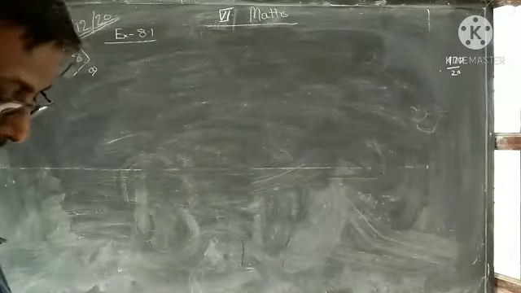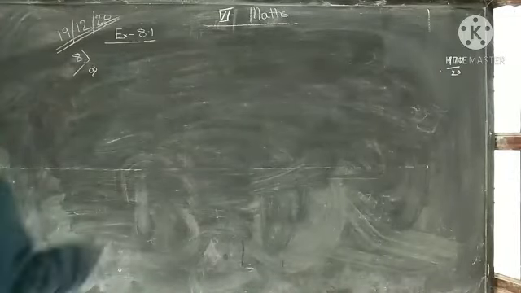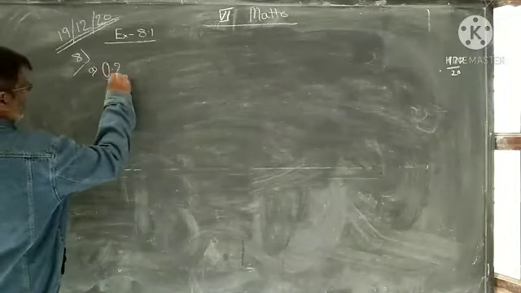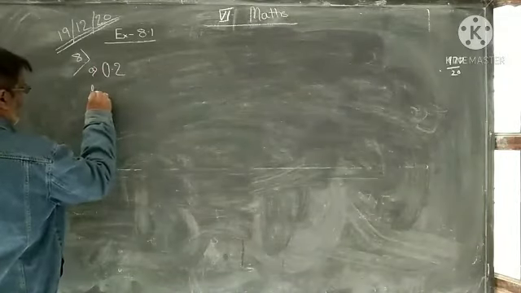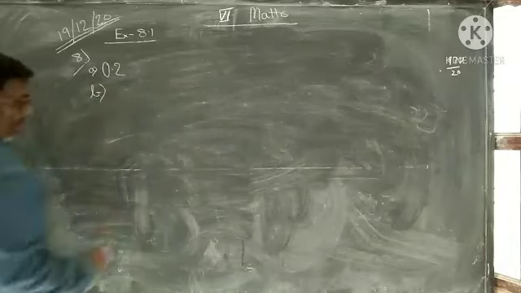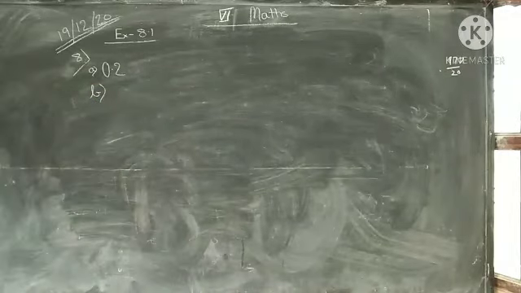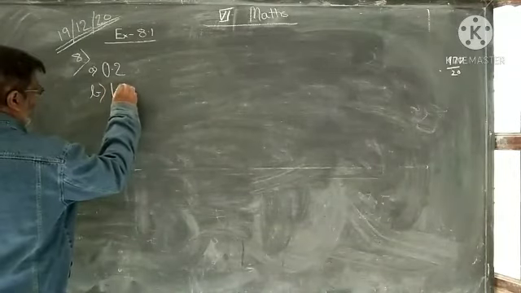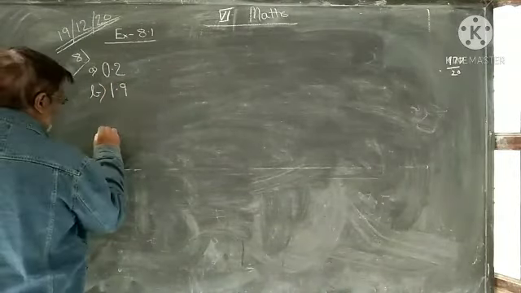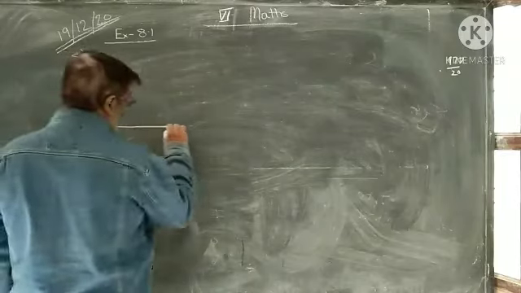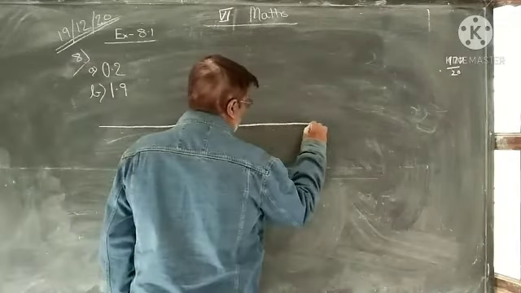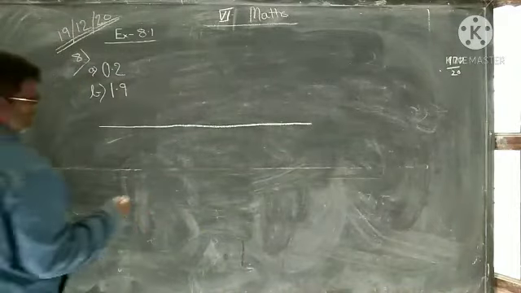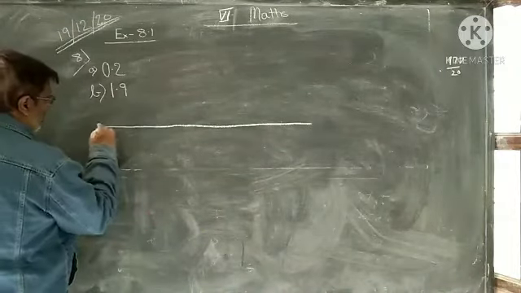Show the following numbers on the number line. Let's say 0.2, and let me take 1.9.